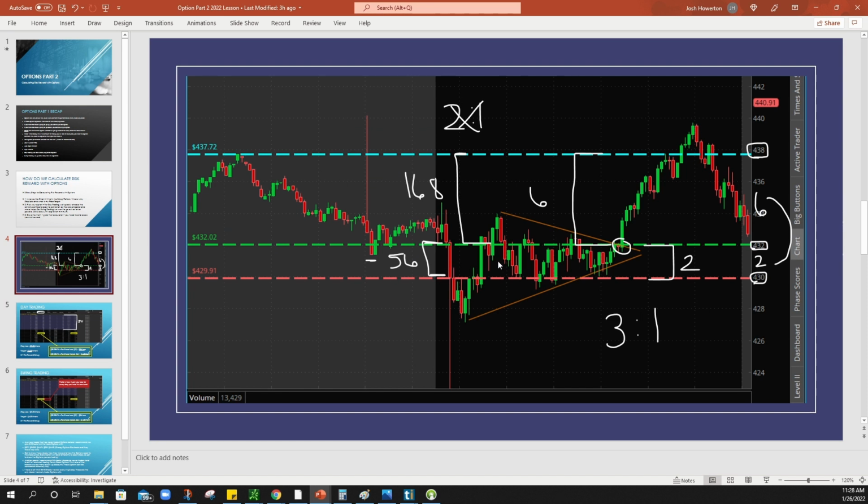For every one contract I hold, if I hit this red line, my stop loss, I would lose roughly $56. If I hit this blue line, I would make approximately $168. That's how you calculate your risk to reward with options.